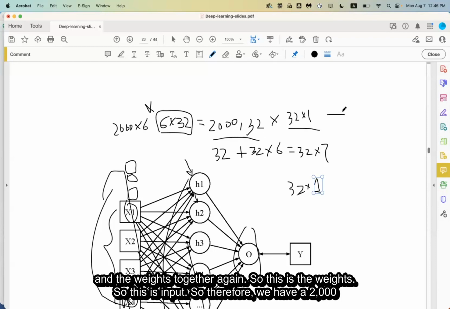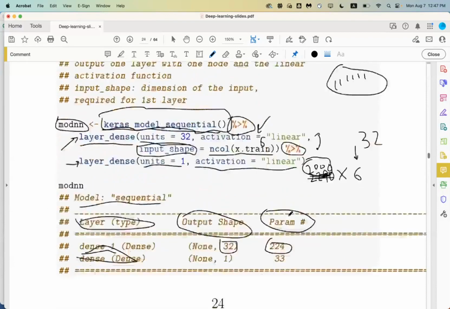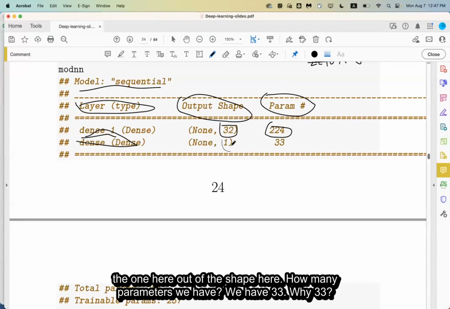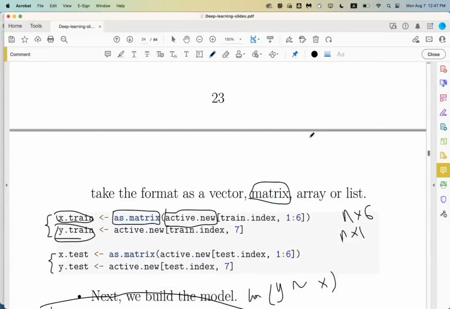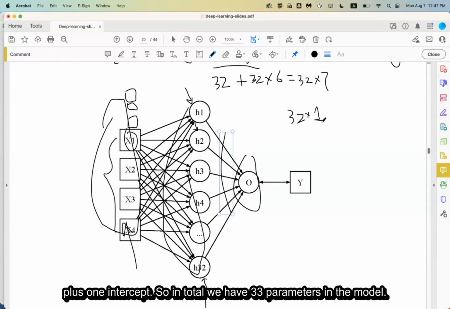So therefore we have a 2,000 times 1 dimension. So that's the output here. How many parameters do we have? We have 33. Why 33? Because we have 32 nodes, 32 widths here, plus 1 intercept.